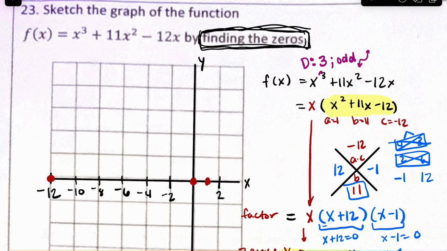Since our degree is 3, we know that our leading coefficient is going to be positive since the sign in front is positive, meaning it'll be increasing. So at the end right here, it should be going upwards. And since it's a cubic, the end from the left side will be decreasing.